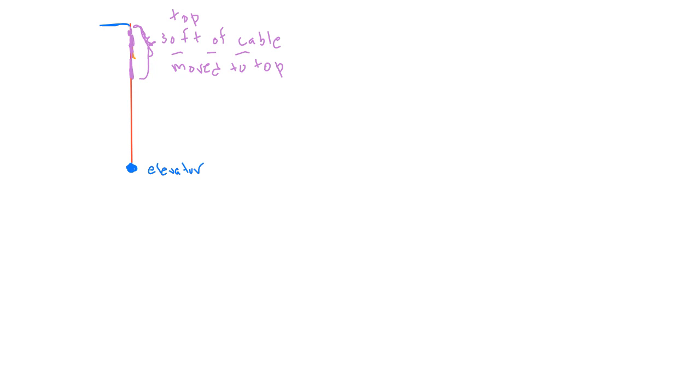So in order to move the elevator up, the cable has to move. The top 30 feet of cable moves to the top of the building, leaving you with how much cable still hanging there that has not moved? 170 feet of cable. That's right.